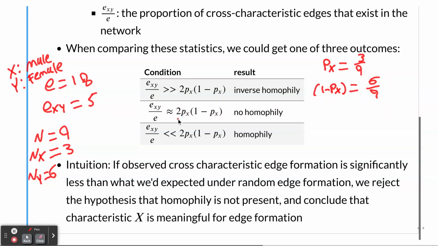And so this expected probability under random edge formation would be 2 times 3 ninths times 6 ninths, which ends up equaling 8 out of 18.